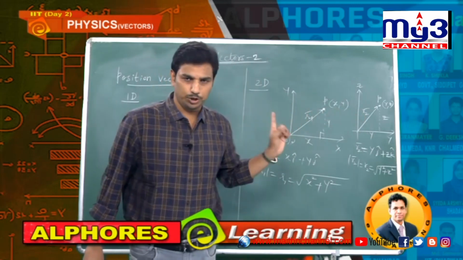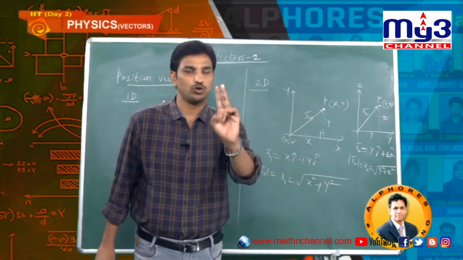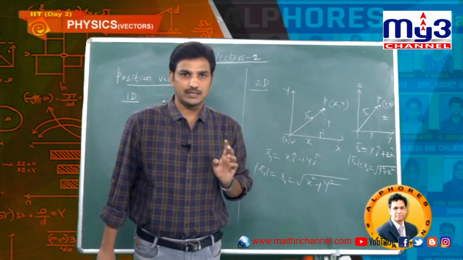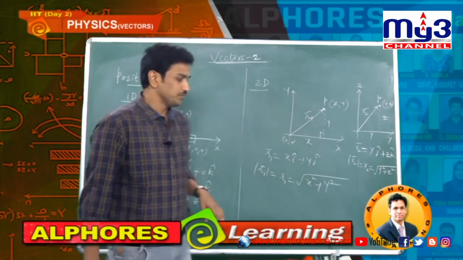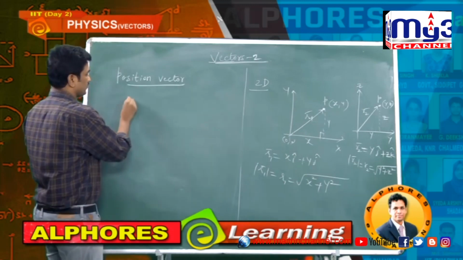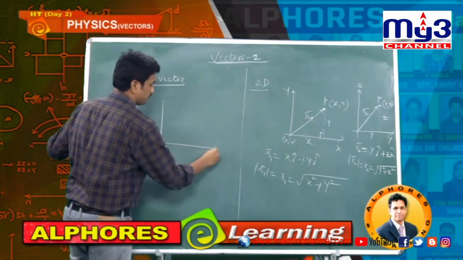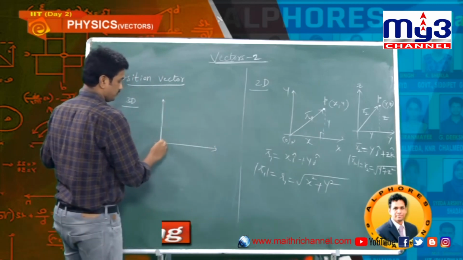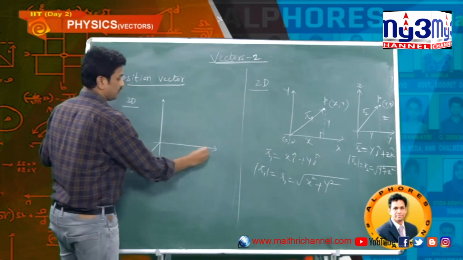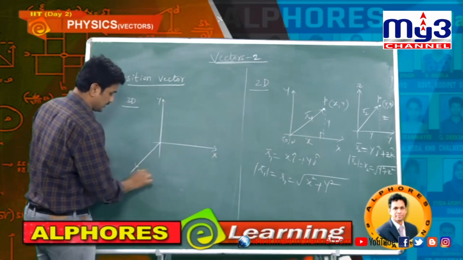One-dimensional position vector having one component, two-dimensional position vector having two components, three-dimensional vector having three components. That's it. I will go for 3D. Now x direction, y direction, z direction.